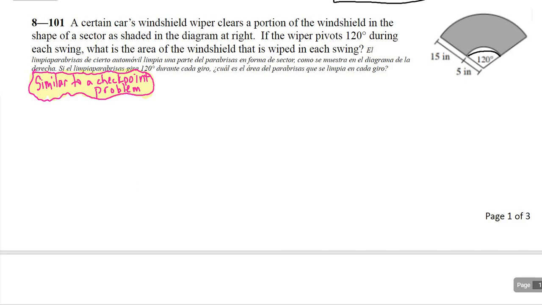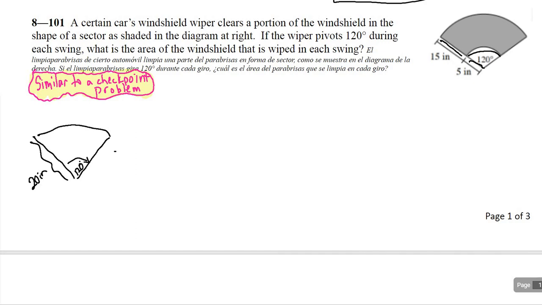I want to think about this visually. We can get the area of the whole sector by knowing that we have a central angle of 120 degrees and a radius of 20 inches. Notice that I combined these two pieces.